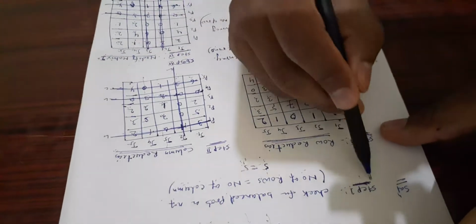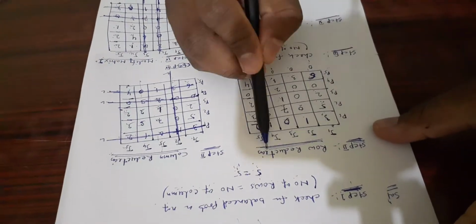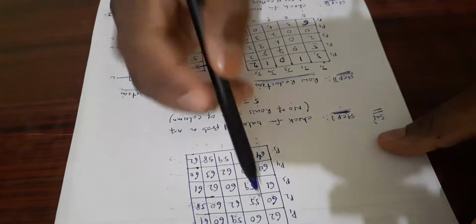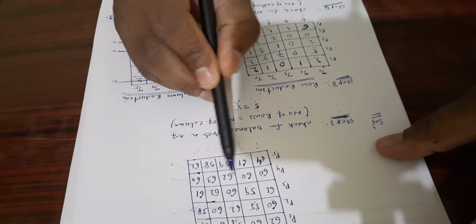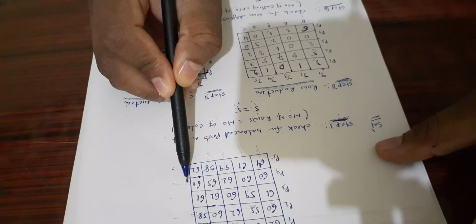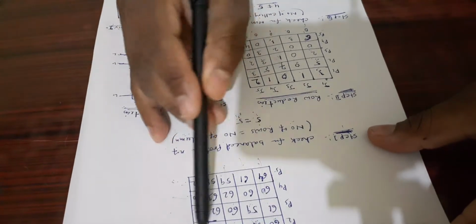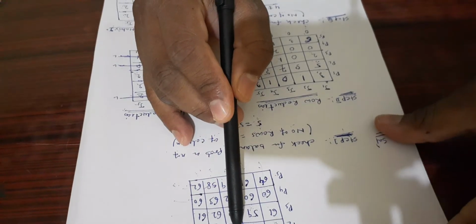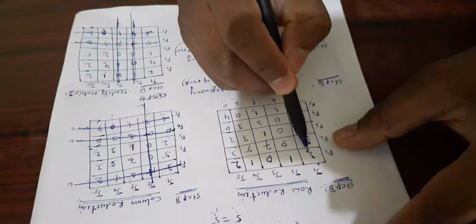After step 1, go to the next step, the row reduction. In row reduction, here is row 1, row 2, row 3, row 4, row 5. In the first row the least value is 59. So 62 minus 59 is 3, write 3 here.